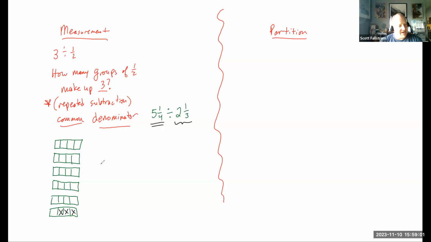And I need to do that as many times as possible. Okay. The problem is these pieces are quarter sizes, not thirds. So what I could do is make each one of these chunks, split it into thirds as well. So watch this. I'm going to go horizontally now and cut them into thirds horizontally.